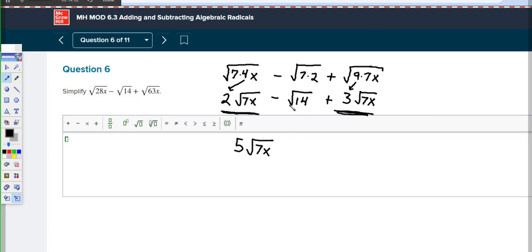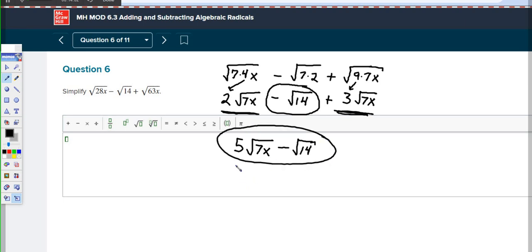And then I can't combine this one with anything, right? Because these are square root of 14. They're not square root of 7x. So my final answer then is 5 square root of 7x minus square root of 14. That's it. That's as far as I can simplify it.